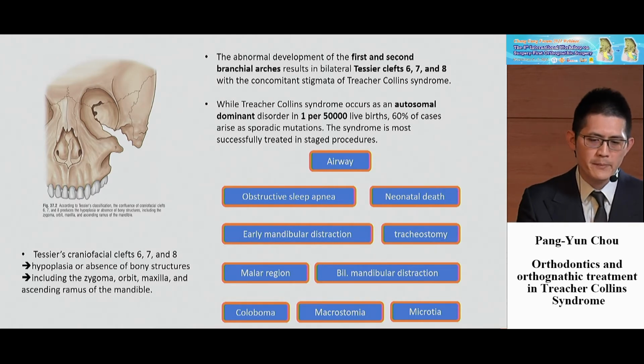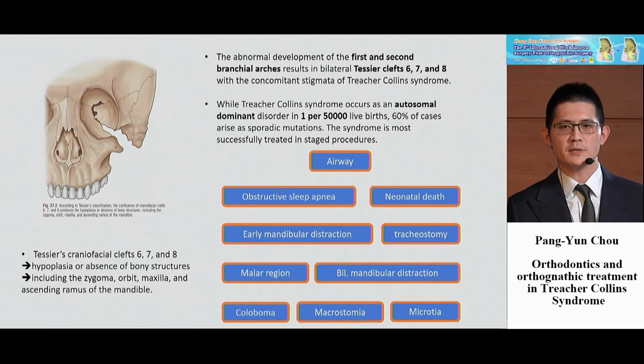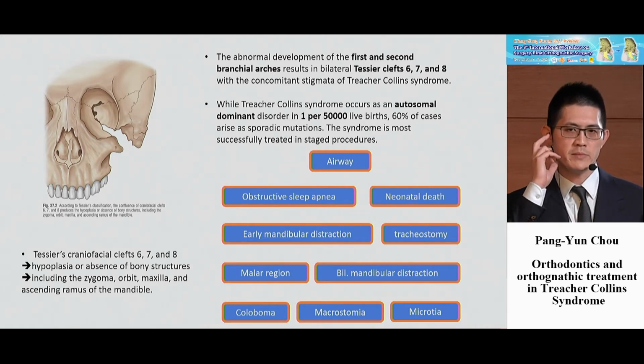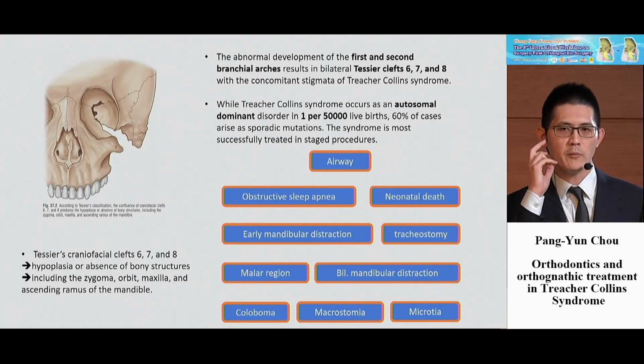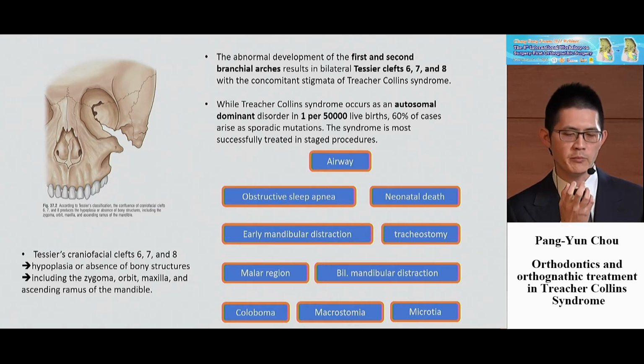Once the patient is secured and grows up to 3 or 4 years of age, early mandibular distraction should be performed to elongate the ramus, and we hope in the future it could reduce the anterior open bite.